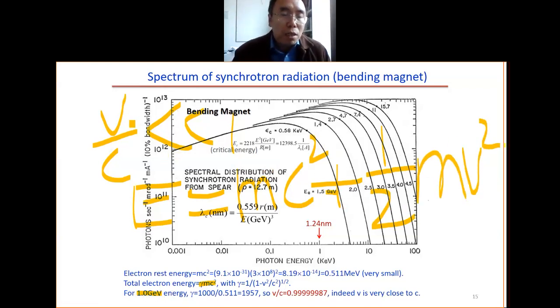When the speed is much smaller than the speed of light, we go to the normal, non-relativistic situation. Then the total energy should be mc square plus 1 over 2 mv square, the rest energy plus the kinetic energy. Now we want to see whether this is actually the case.